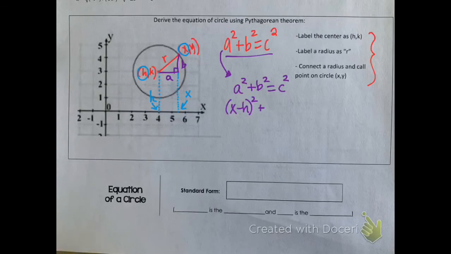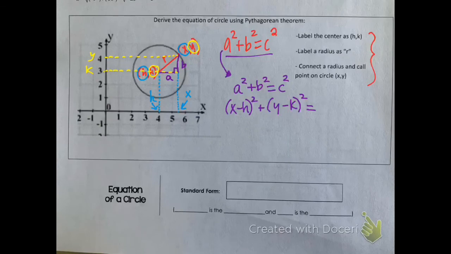So how do I get b? Well, I would have to take this number here and subtract this number. So this top number is y, and the bottom number is k. So if I plug this in, it would be (y minus k) squared.